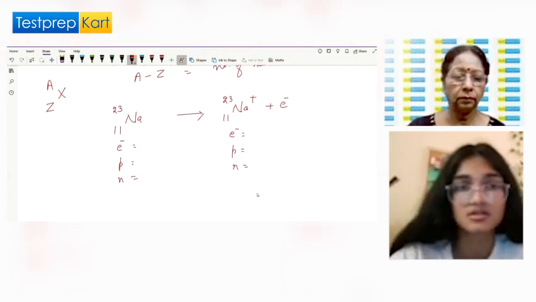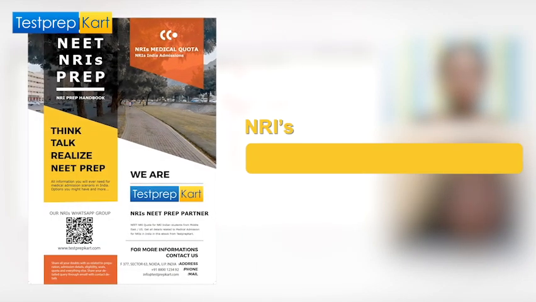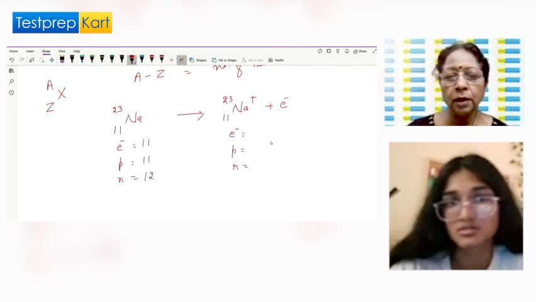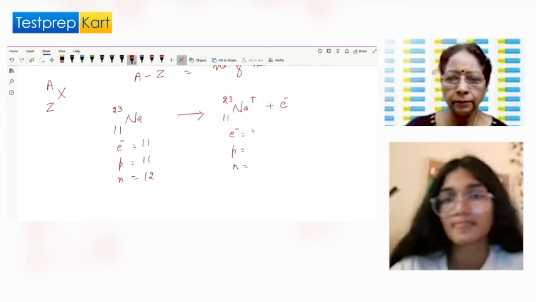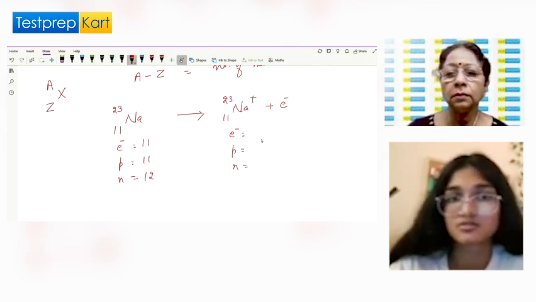It has 11 protons, 11 electrons and 12 neutrons. That is the perfect answer. What about in Na plus ion? 10 electrons, 11 protons, and 12 neutrons.